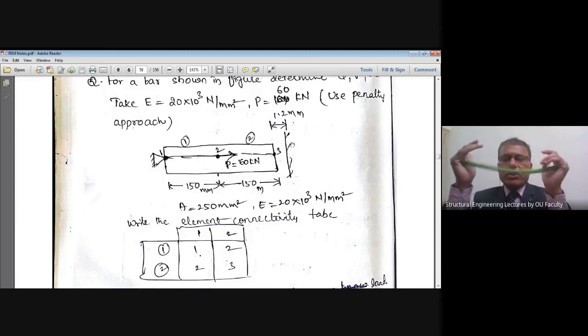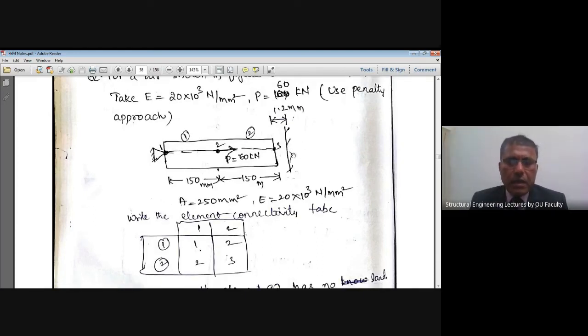You can even see this demonstration, students. That is how it experiences a compression force, because its displacement is now restricted. It wants to displace by 1.8 mm, but only 1.2 is permitted. Therefore, 0.6 is still not permitted.